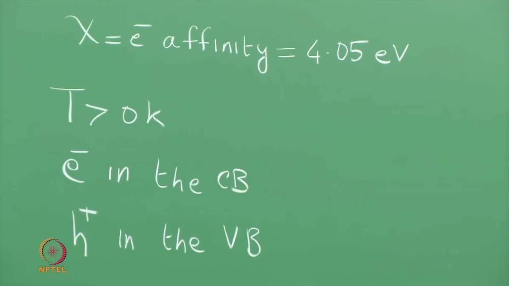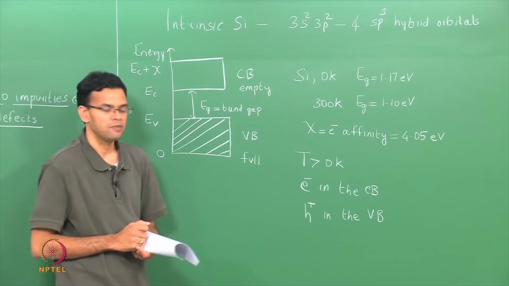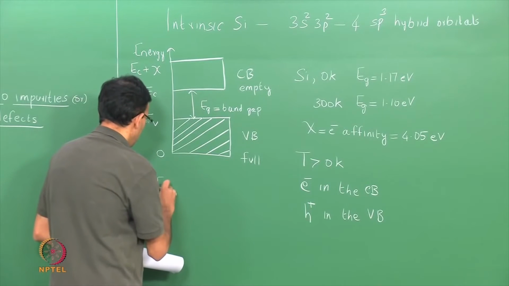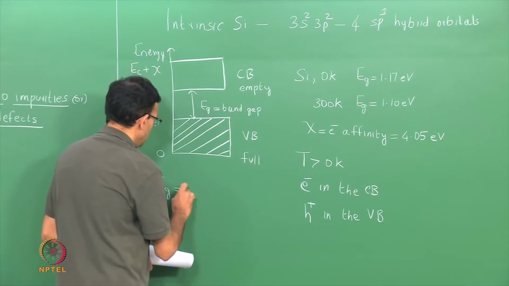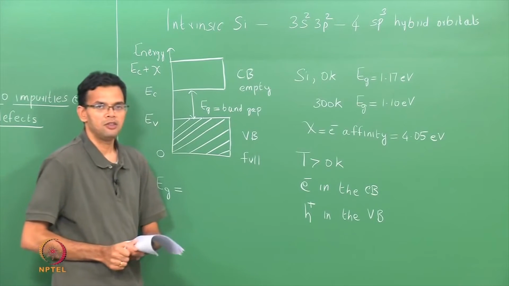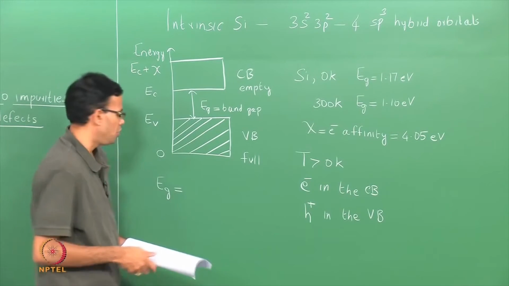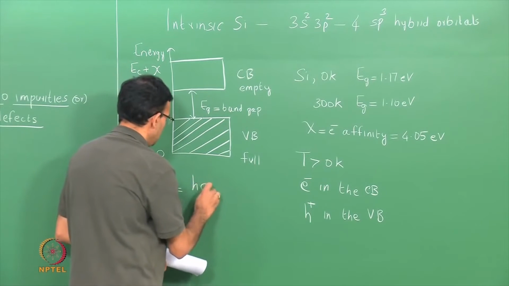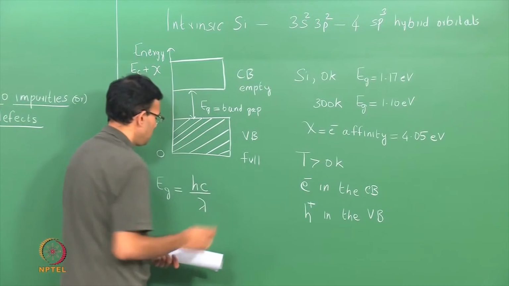We also saw that apart from thermal excitation, we can also use light in order to excite carriers across the band gap. If Eg is the band gap of the material, the wavelength of light that is required in order to excite carriers is nothing but hc over lambda.